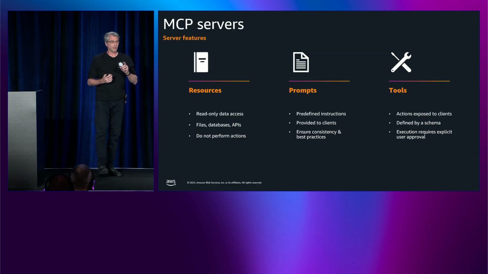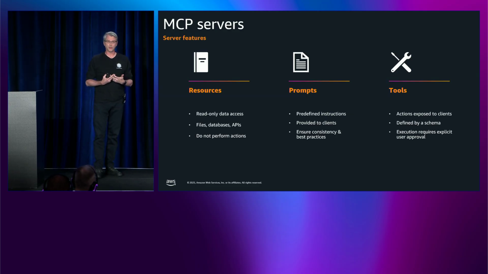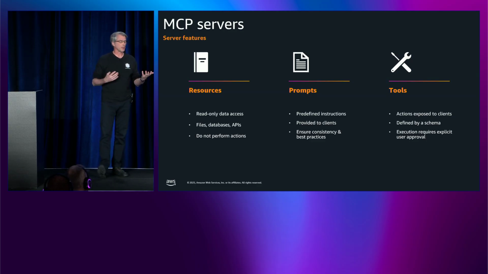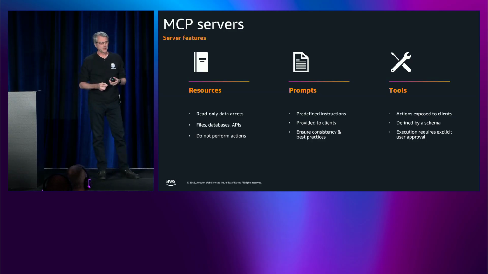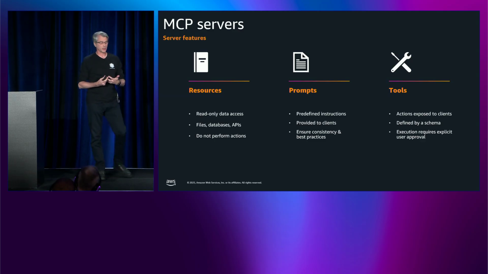And a really important point on the bottom: by default, execution requires explicit user approval, because most likely you don't want your agentic AI tool just running off and doing all kinds of things, making changes, dropping tables, changing data. Now, as you'll see in the demo, you can set things to auto-approve, but by default, with MCP servers, you do need to provide explicit approval.